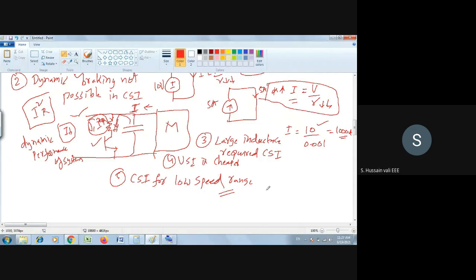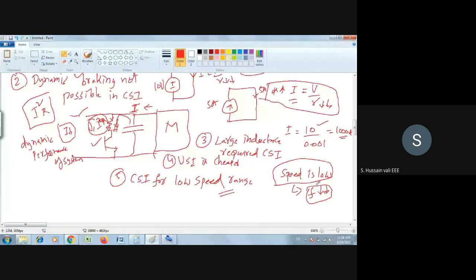What will happen? If the speed is low, then you know very well the frequency is low. Speed and frequency have a relationship. So at lower speeds, obviously the frequency is also low. This is how you control the current source inverter.